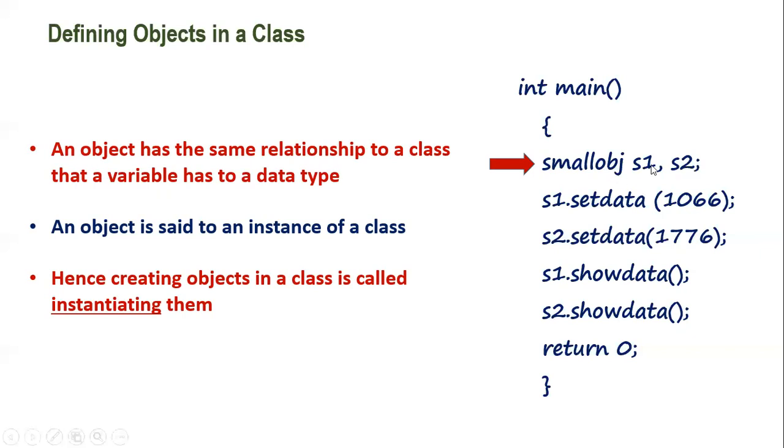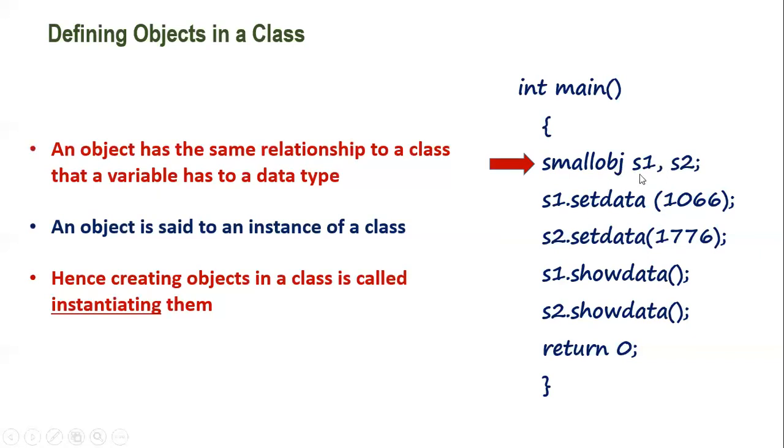Now you can see that objects are defined in the same way that you define a data type. For example, suppose I have a variable x. If it is of integer type, I will define int x. It is in the same way that the class and the objects are related.